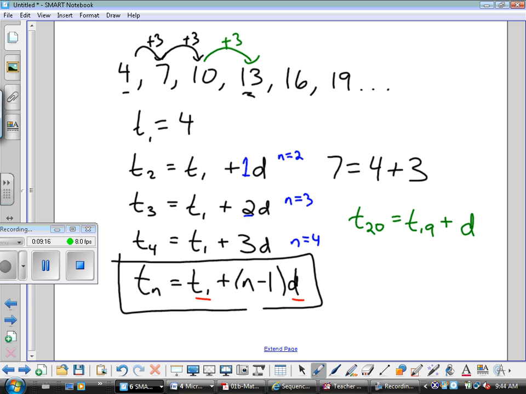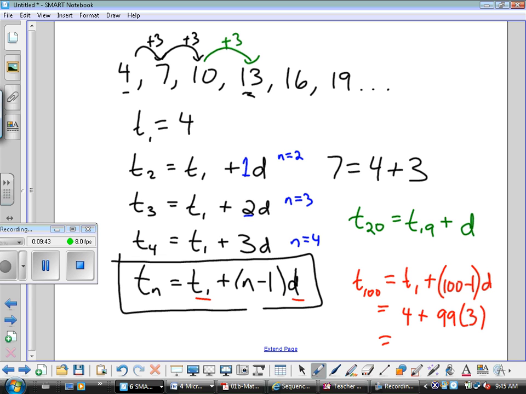So if I wanted to know the 100th term of this particular sequence, I can just say the 100th term, t sub 100, is going to equal the first term plus 100 minus 1 times d. And for this one, we know that the first term was 4, and then we're looking at 99 factors of 3 that we had to go up.